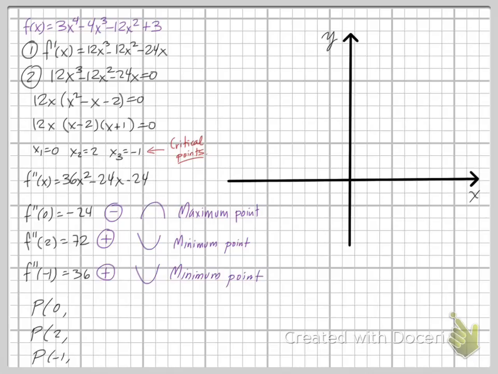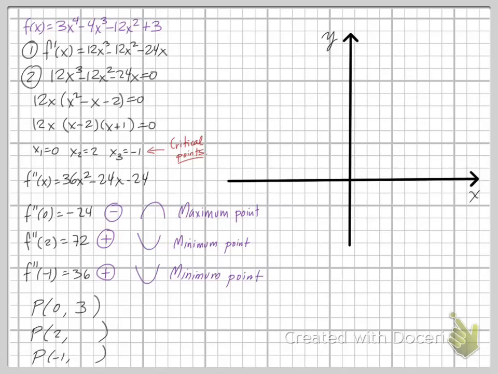So I have to find the y-coordinate. We're going to proceed in the very same way as before. We have to evaluate these values for x into our original function. So what are we going to get? With 0 we have 3, okay? So our answer is 3.